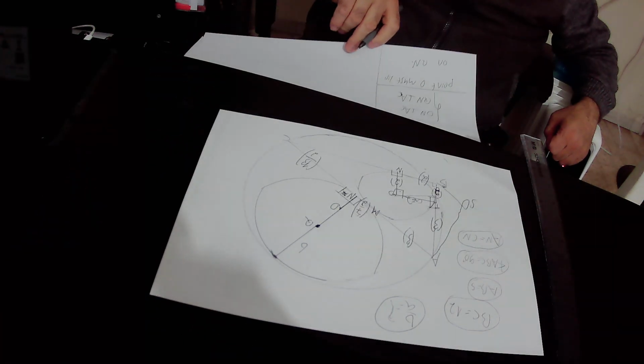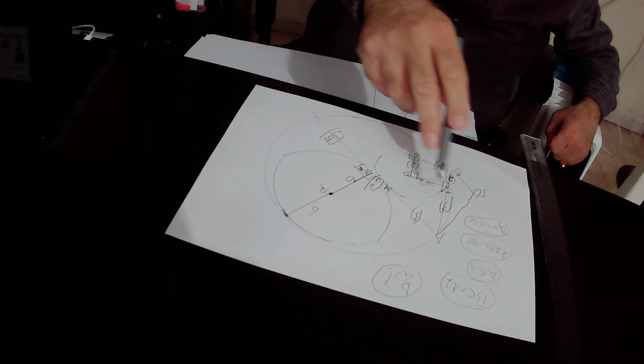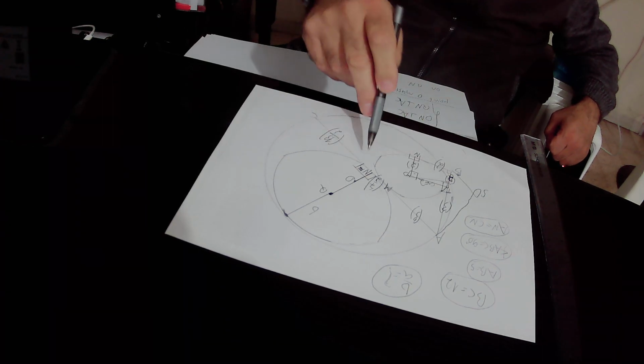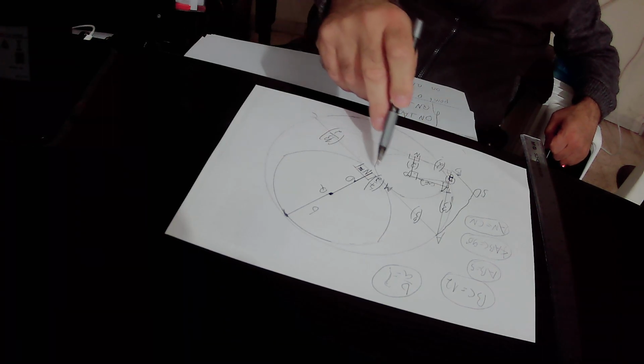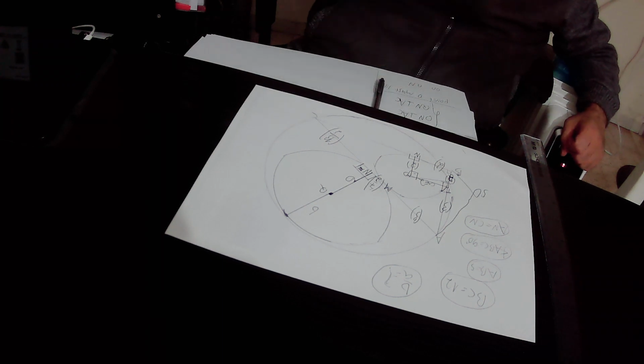Again, we know that QN is perpendicular to AC at point N. At point N, QN and AC create between them 90 degrees.